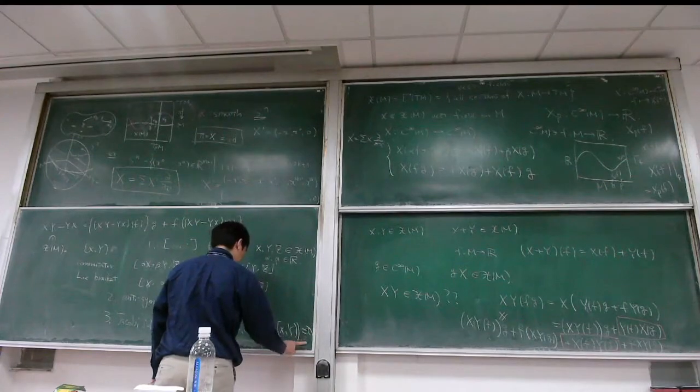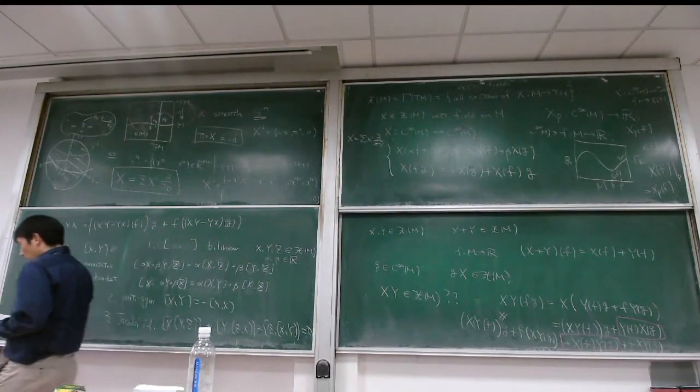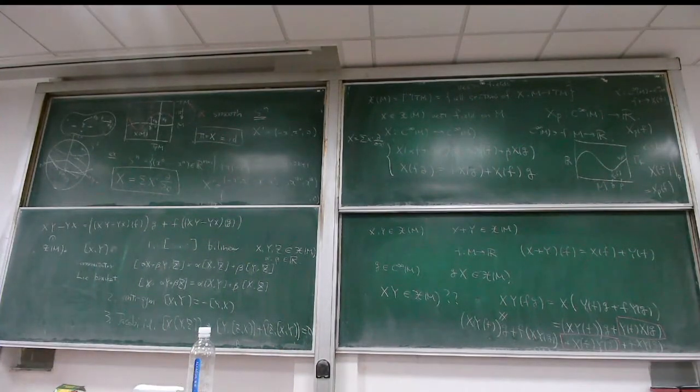And the Jacobi identity. So this commutator, or Lie bracket, satisfies these three properties, and that's what you can check.